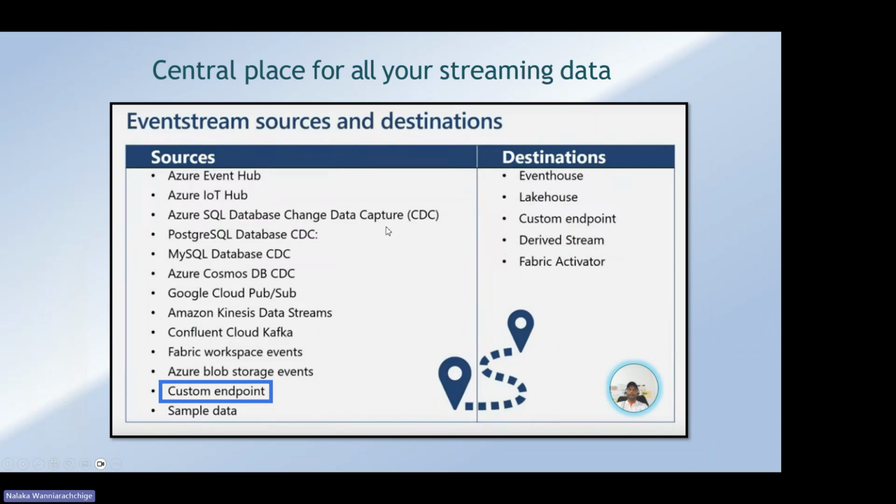I have written a blog regarding both the sources and destination. Both are custom endpoints. It's a really interesting use case. If you are curious, you can read it, because the event stream can sometimes work in a dual manner. But for our use case, I am using a custom endpoint and Eventhouse.